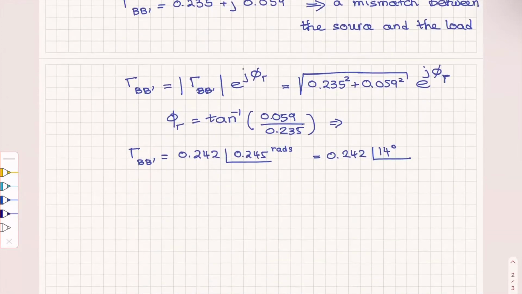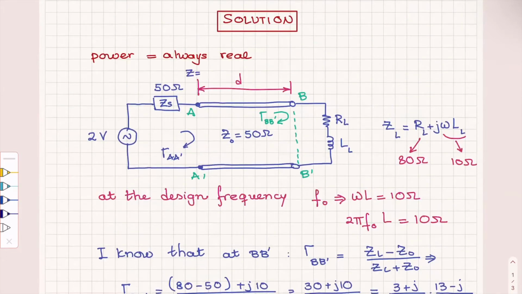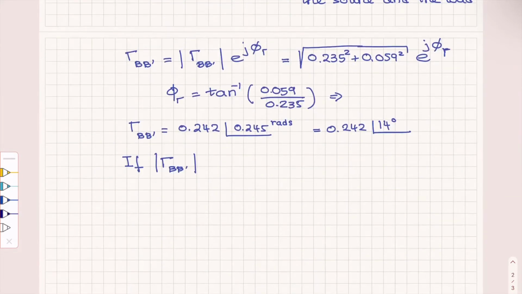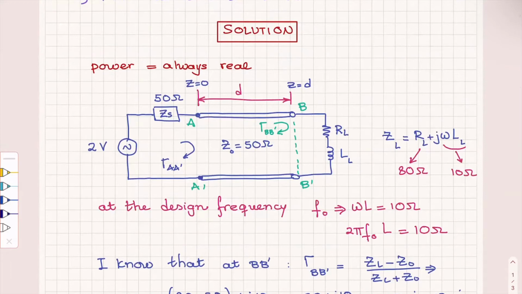So that tells me that, if we assume this is Z equals 0 and this is Z equals D, and the magnitude of gamma B prime at Z equals D, which is the load, is 0.242, then the magnitude of gamma at Z equals 0 is going to be the same, which means I'm going to have a mismatch at A A prime.